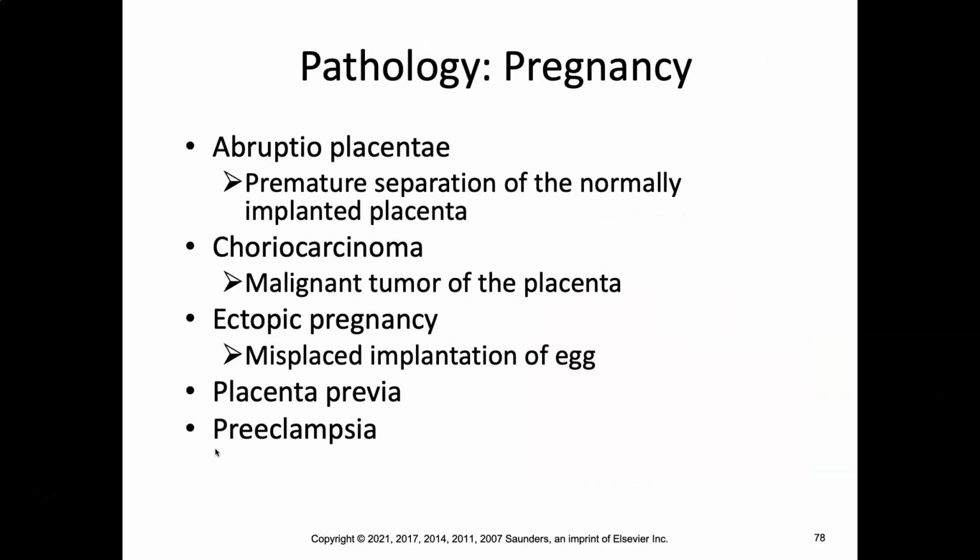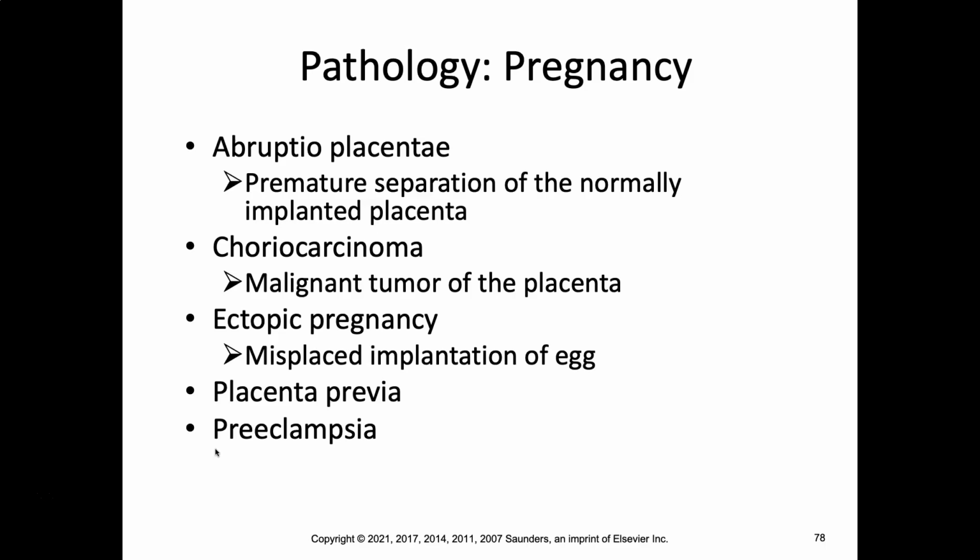What can go wrong with pregnancy? Well, you can have abruptio placentae, where the placenta pulls away from the uterus and starts hemorrhaging in the mother. The blood just starts hemorrhaging. Choriocarcinoma, ectopic pregnancy, we talked about that, where the implantation of the egg occurs in the fallopian tube and not in the uterus.